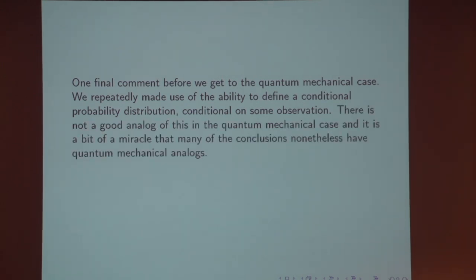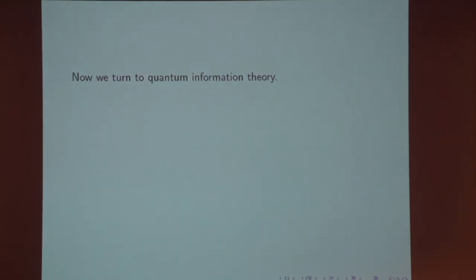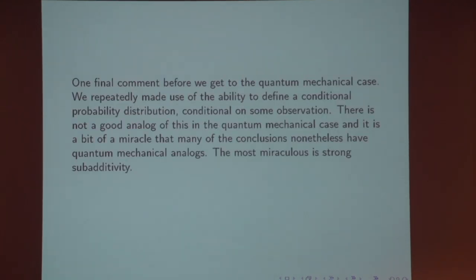This doesn't have a good analog in quantum mechanics, and it's a bit of a miracle that many statements have quantum mechanical analogs. But the most miraculous is certainly strong subadditivity. And the interesting statements in quantum information theory usually are either more elementary or else they're proved using strong subadditivity.